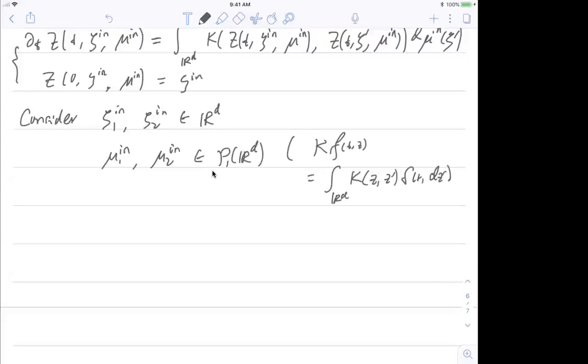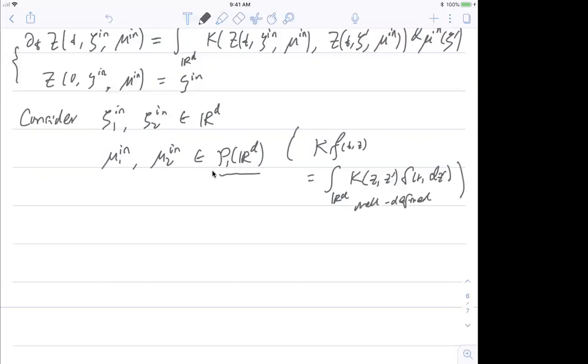Under our same assumption on k, k grows at most linearly. So once we assume the initial measure has a finite first moment, in this space this integral operator is well defined.